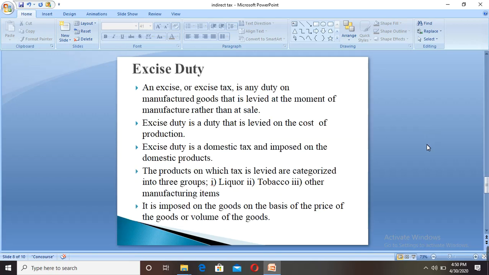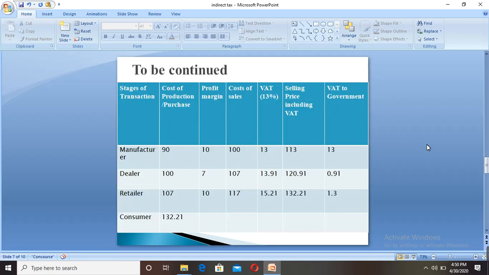Now, excise duty. An excise or excise duty is any duty on the manufactured goods that is levied at the moment of manufacture rather than at sale. One piece of information that I need to give you is that, let me go back to the previous slide. Excise duty is always levied on the cost of production.